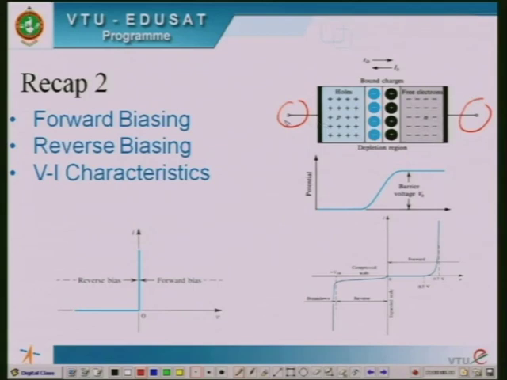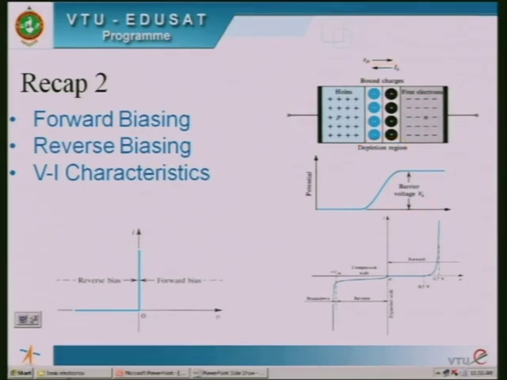There will be a repulsion, therefore the holes as well as the electrons move away from the positive and negative terminals, and the depletion region decreases. Correspondingly, the barrier voltage will decrease. Finally, after a certain time, there will be a free flow of current, or free flow of charge carriers, from the P to N type, that is the conventional current.